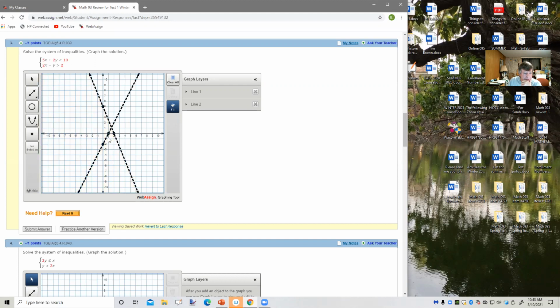The second one doesn't include 0, 0, so the fill would be over here. So the question is, where's the intersection? Well, the intersection of this and that is just this piece down here.